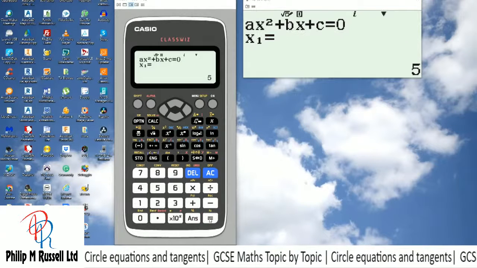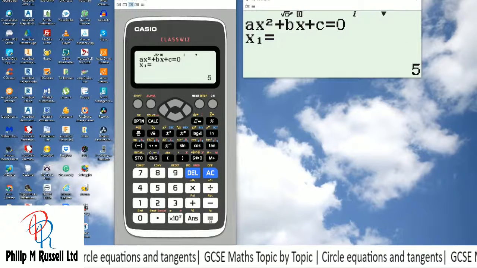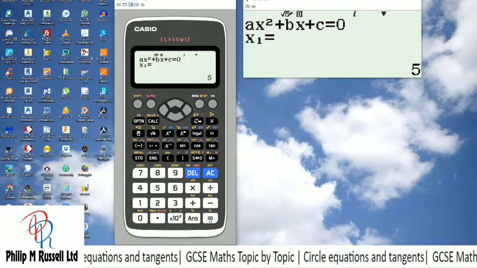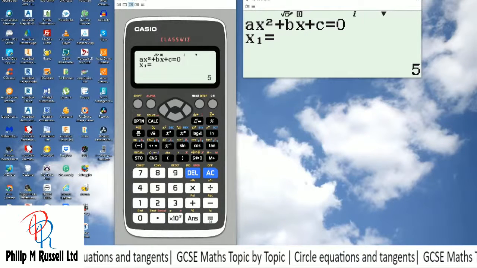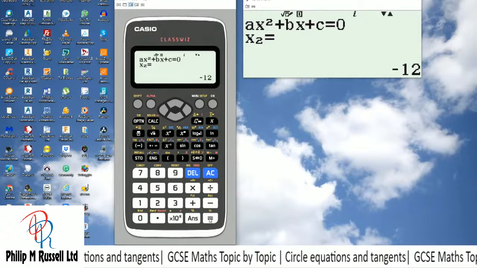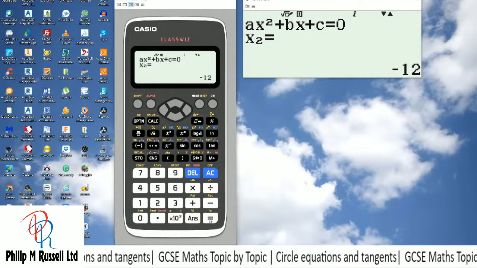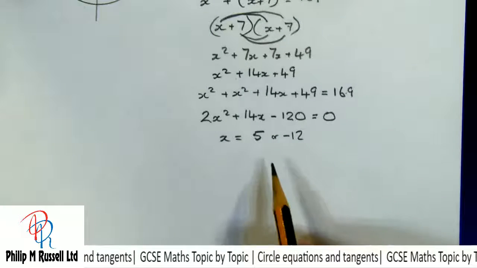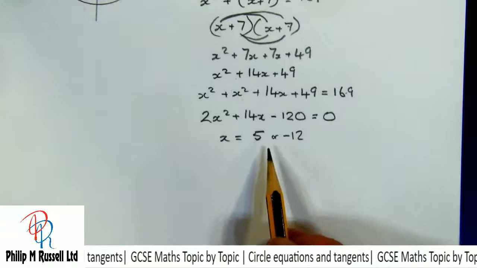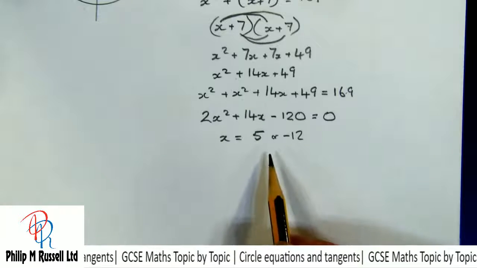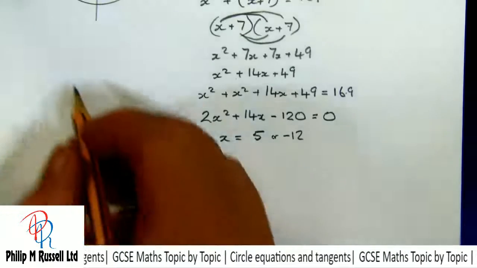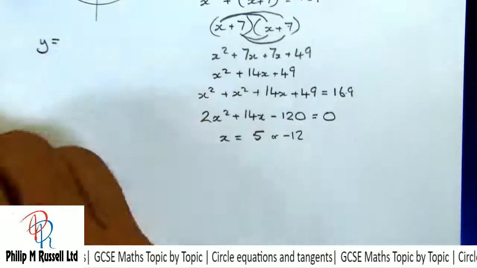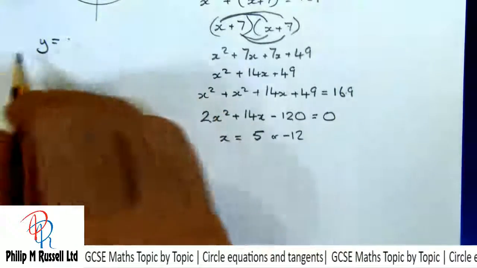And that gives me an answer for x equaling 5 or minus 12. So I've now got my values of x. Let's substitute those back into this equation, y equals x plus 7.